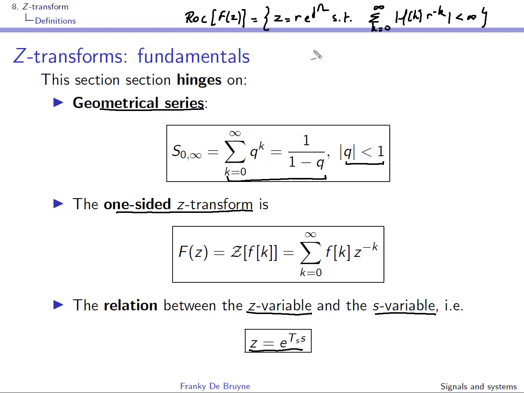So in other words, the region of convergence of the z transform of the sequence f of k is the set of all z's such that this sequence here is absolutely summable.